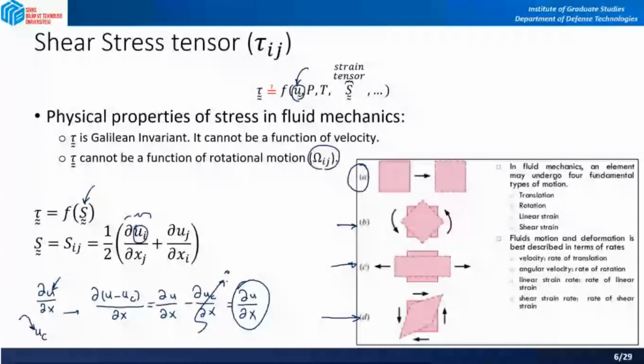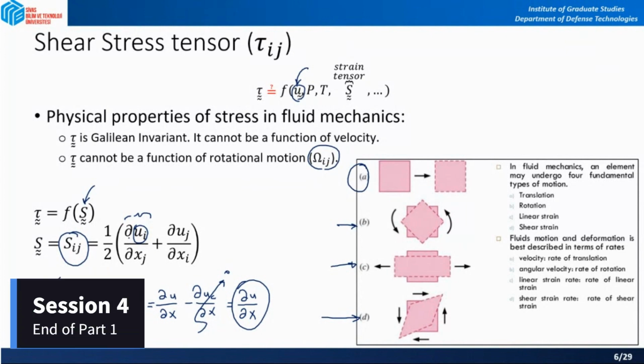I'm just telling you the story on a frame of reference that is moving with constant velocity. Therefore, this velocity gradient dui dxj, which is used to calculate my strain, is Galilean invariant. So we can use the strain in the calculation of stress.